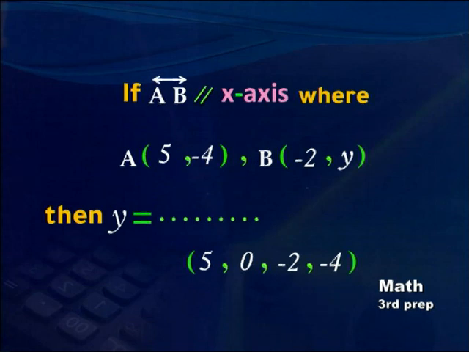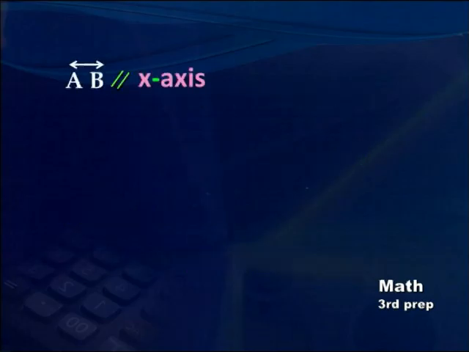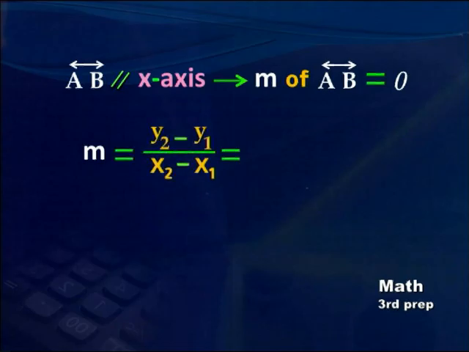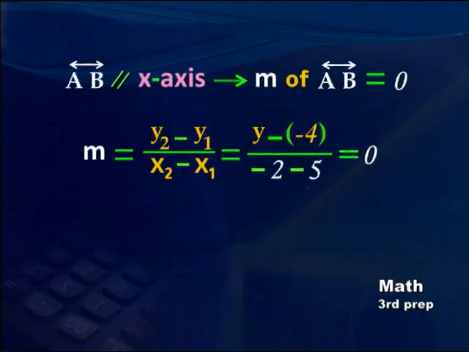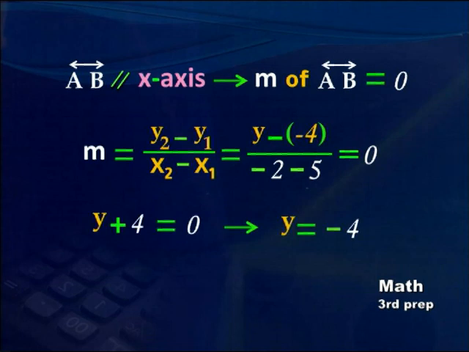First of all, as AB is parallel to the x-axis, it means that the slope of the straight line AB will be 0. Then the slope will be y2 minus y1 over x2 minus x1. And by substituting, it is y minus -4 over -2 minus 5, which equals 0.